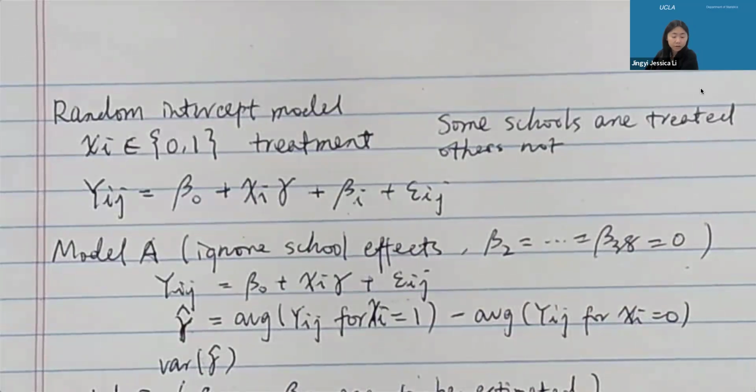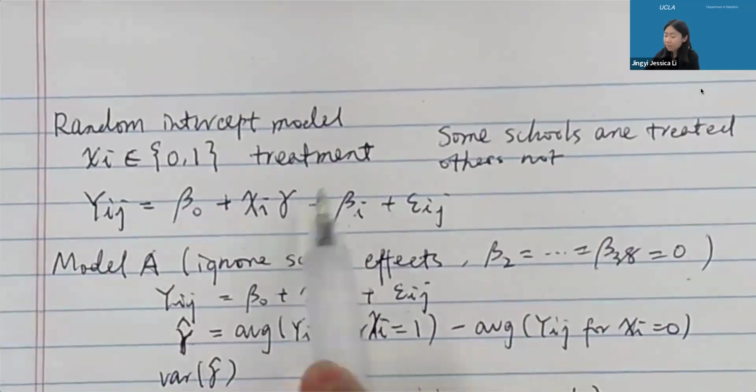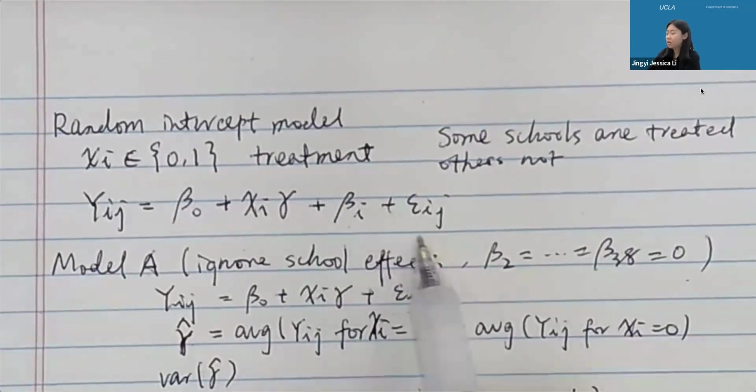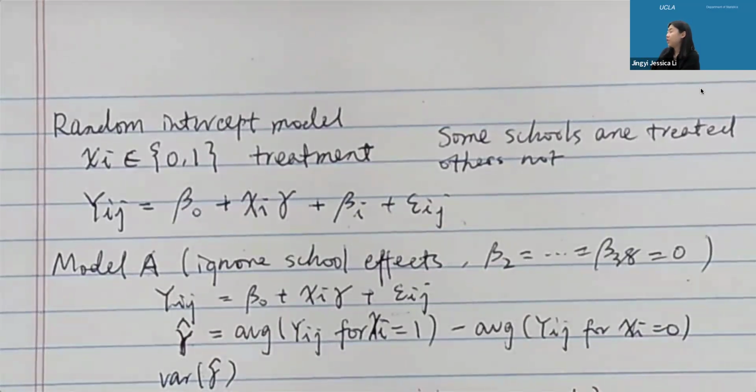So in this case, we would have how many parameters? Beta 0, gamma, beta 2 to beta 38, and this variance sigma squared. So we have those ones. And in this case, you would have this problem that for some schools, you might have too few students to estimate that beta i well, right?